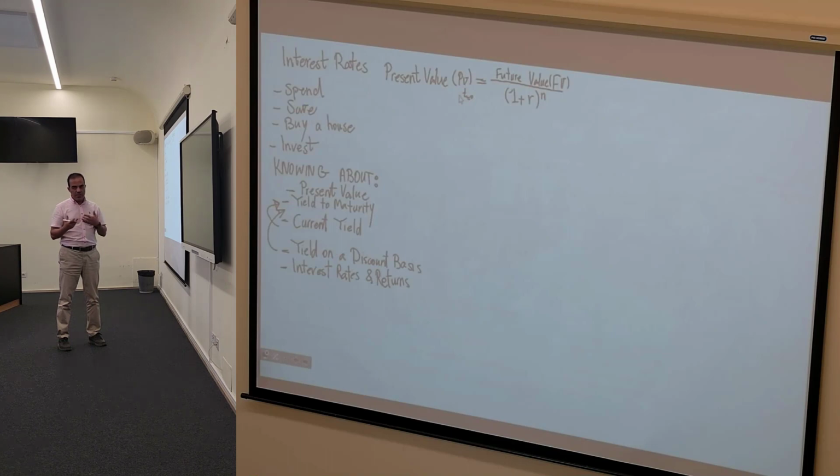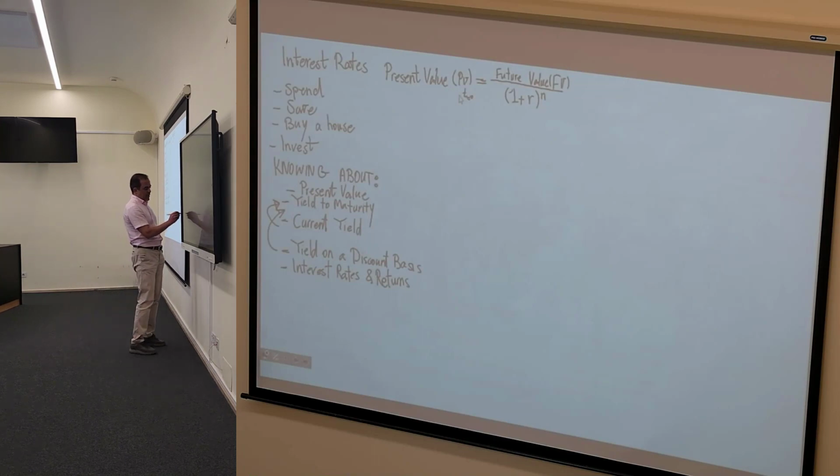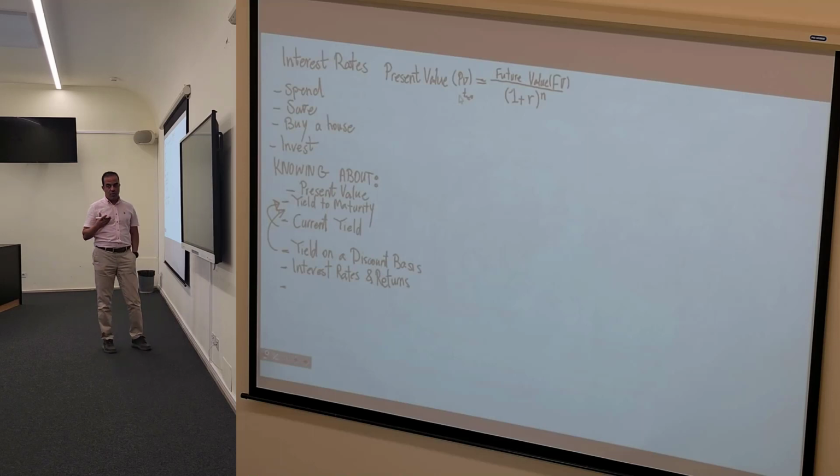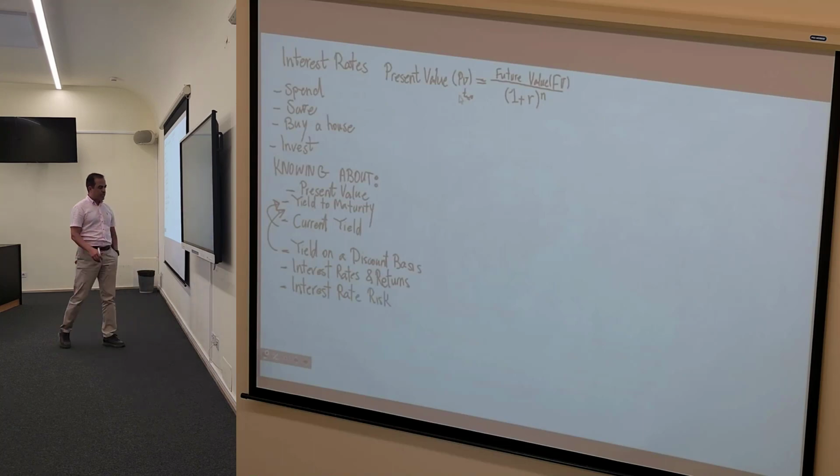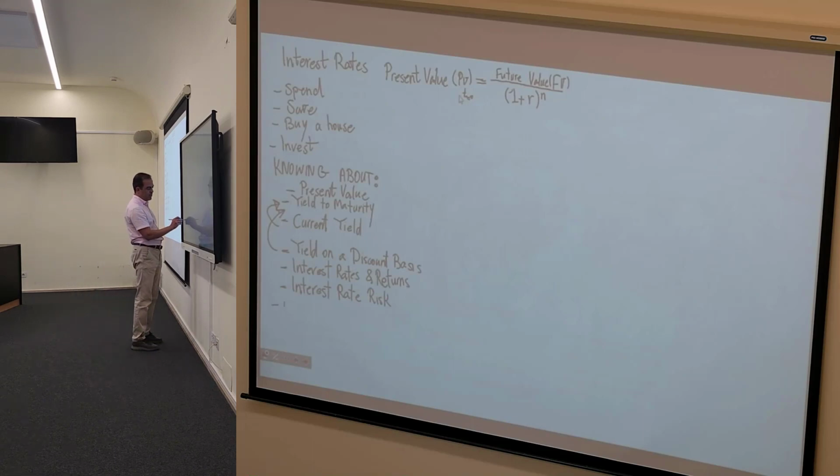And the relation between this return and the interest rate is also very important to be analyzed. To have a good return, we have the risk that we have to manage. So the interest rate risk will get importance here.